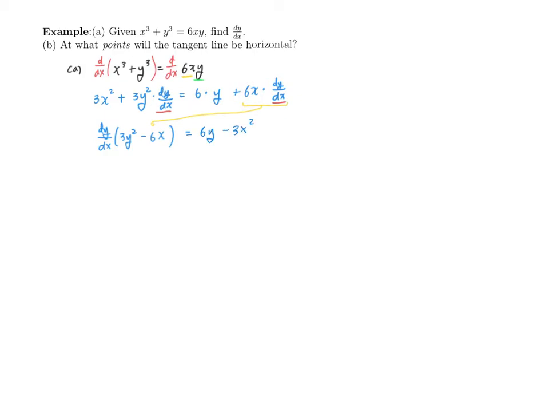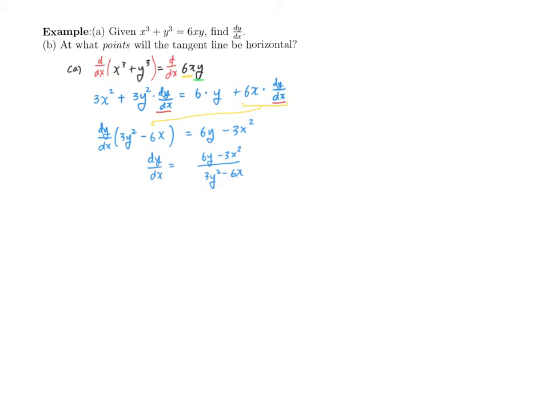And lastly, we now have the quantity we are hoping to find. dy/dx is equal to 6y minus 3x squared divided by 3y squared minus 6x. And I do want to take just a very quick moment and note that this matches up precisely with the procedure we've discussed.